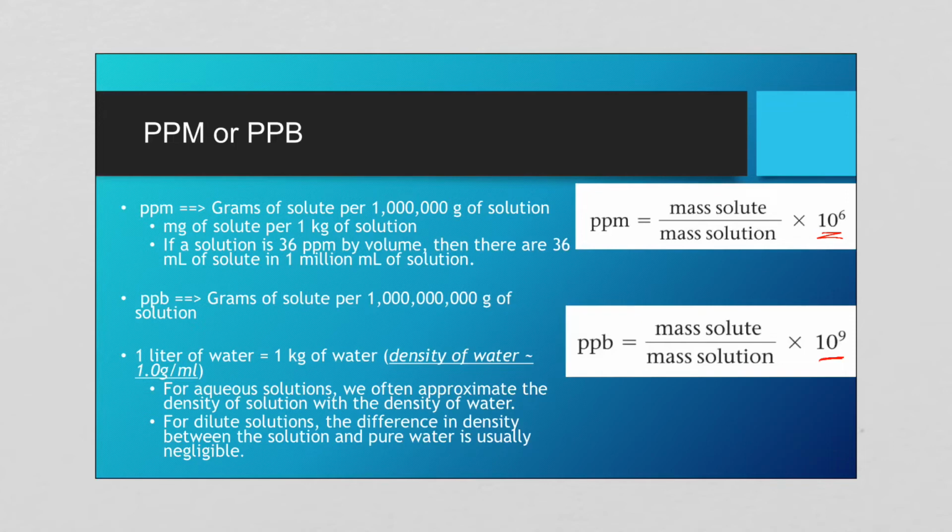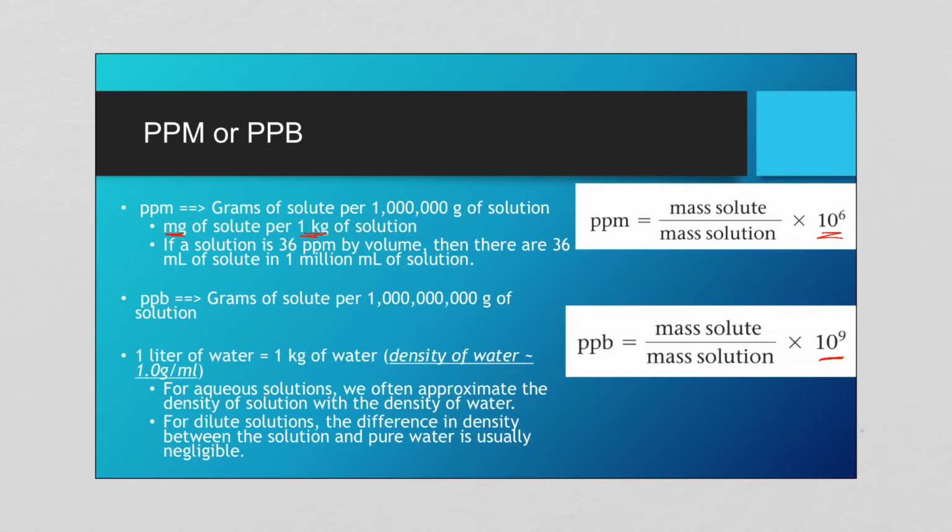And so 1,000th of a gram is a milligram. And if you take 1,000,000 divided by 1,000, we get 1,000, or a kilogram. So milligram per kilogram is an alternative way that we see parts per million.